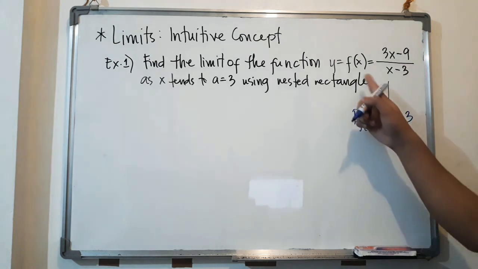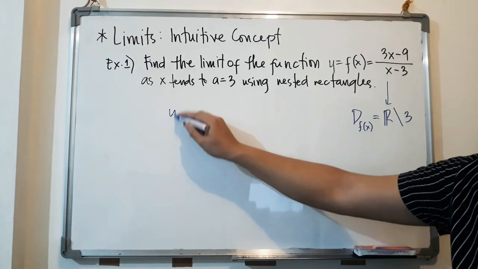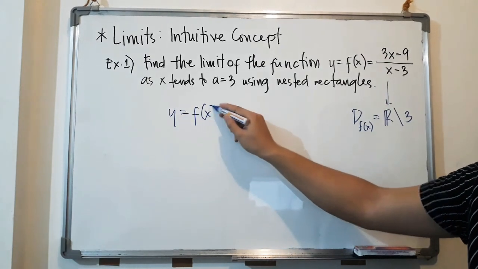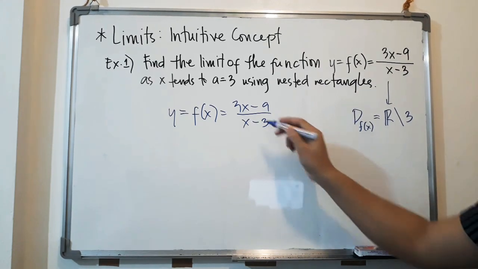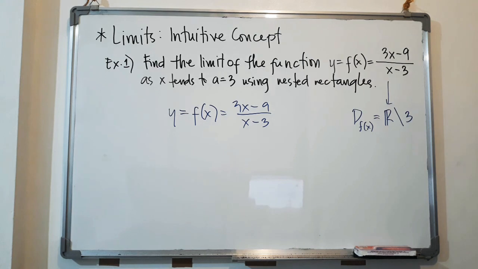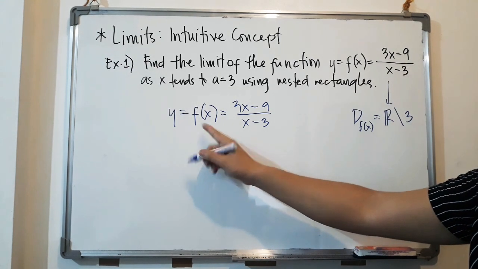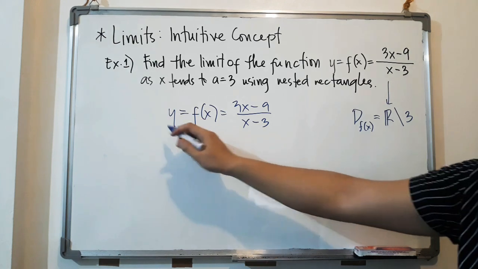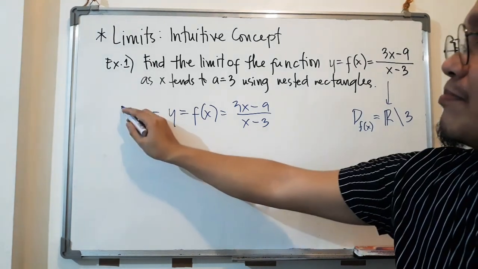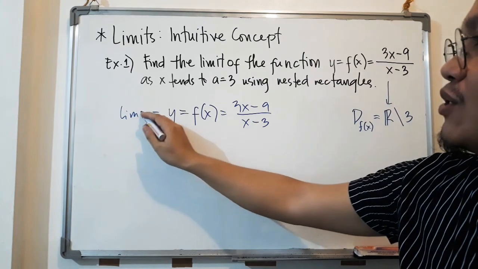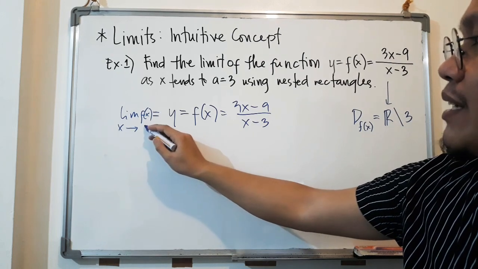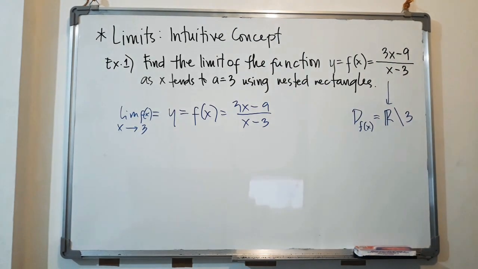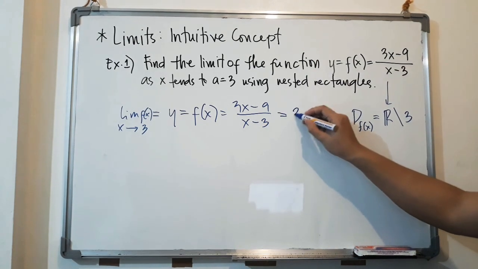Note that for this function y, a function of x, which is equal to 3x minus 9 over x minus 3, say the limit of this function f of x as x tends to a equals 3, or as x approaches 3, is equal to 3.